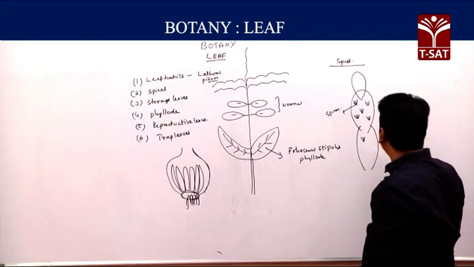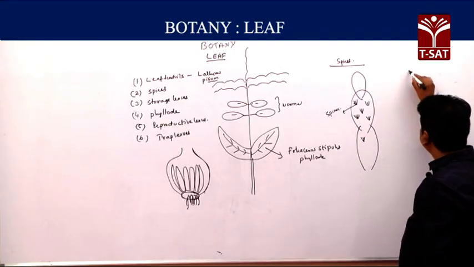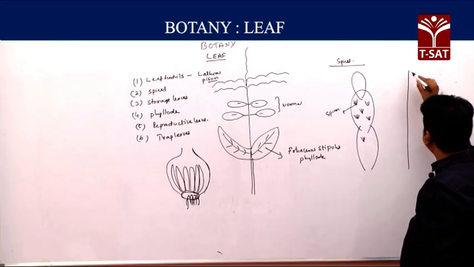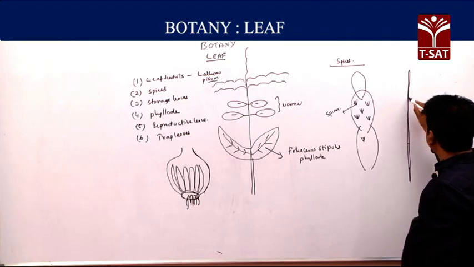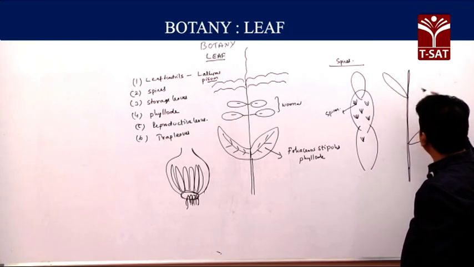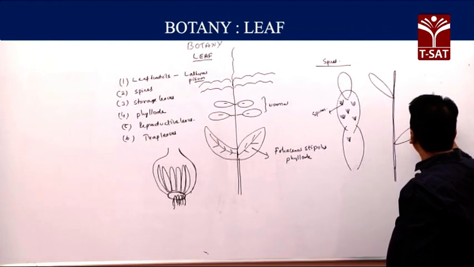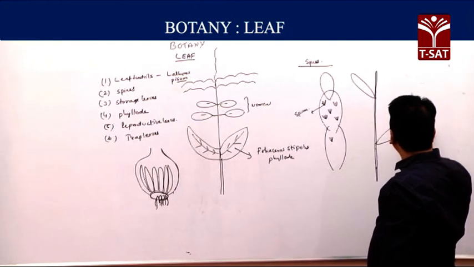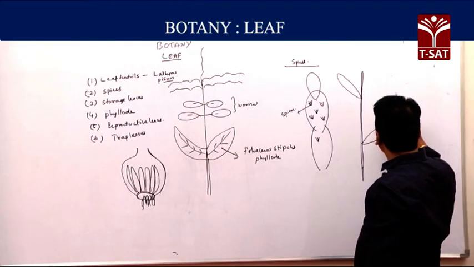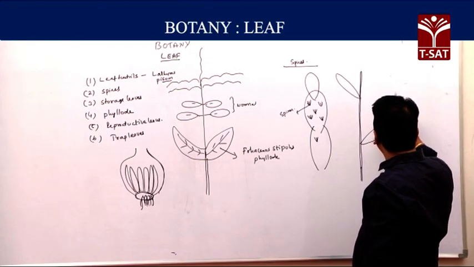Phyllodes. Example is Australian acacia. Here, Australian acacia is a xerophyte and its leaf is bipinnately compound. In the young stage there are leaflets, but after maturity those leaflets fall off.